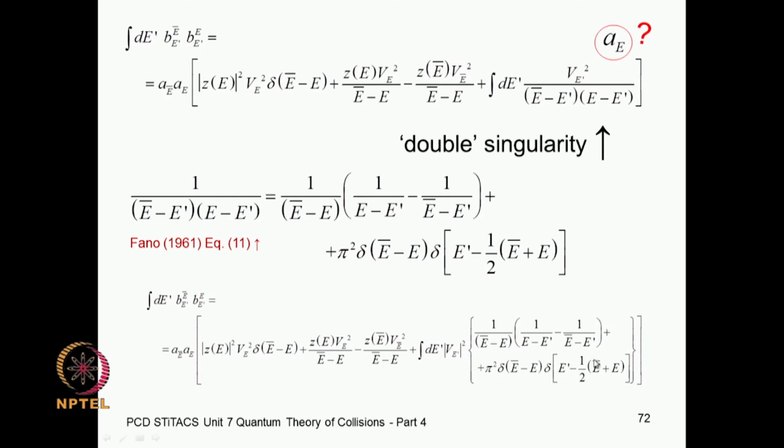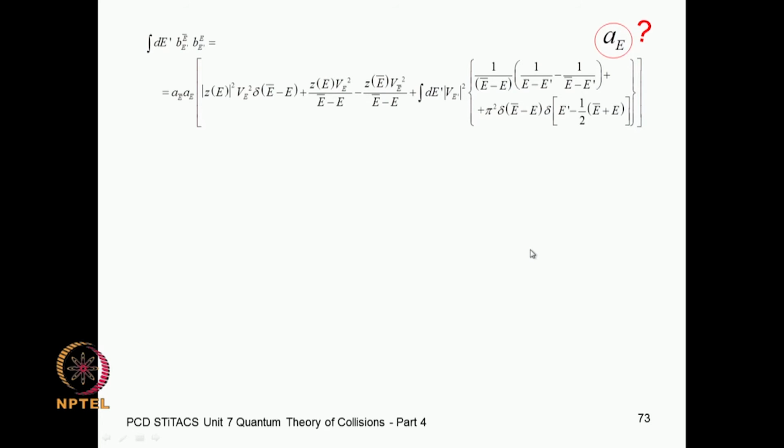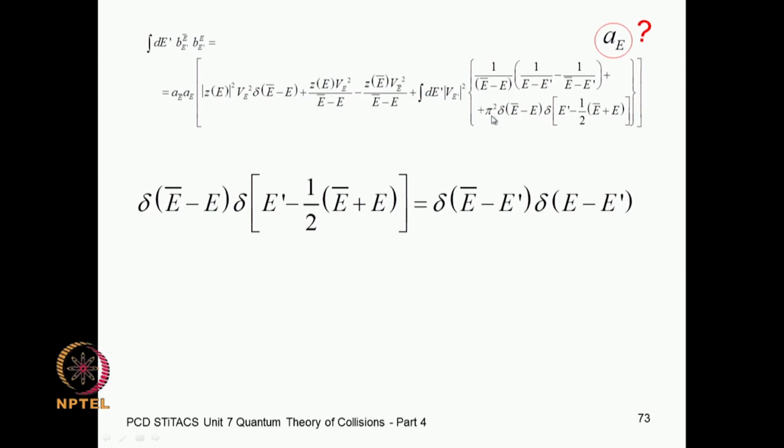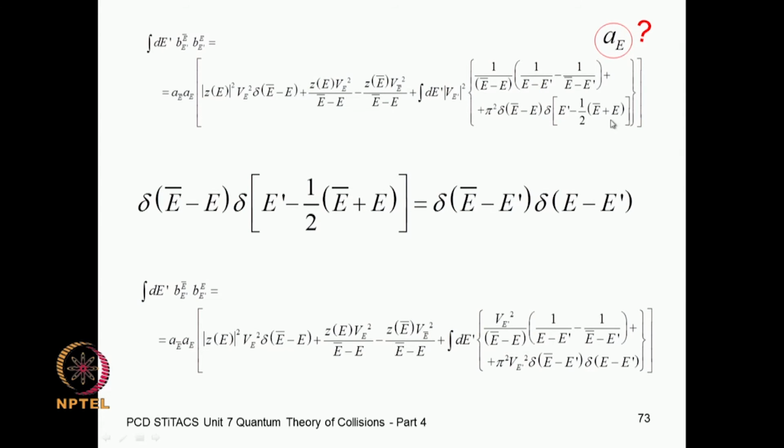So, this is the relation that we now have to work with. I brought it to the top of this slide now. Now, here again, if you play with the Dirac deltas, you can show that the product of these 2 Dirac deltas is completely equivalent to this. So, we will use that, and using this combination instead of this, we simplify this further. Okay.